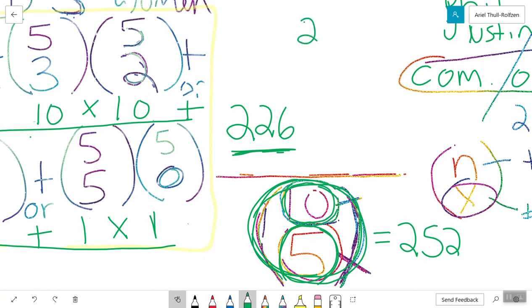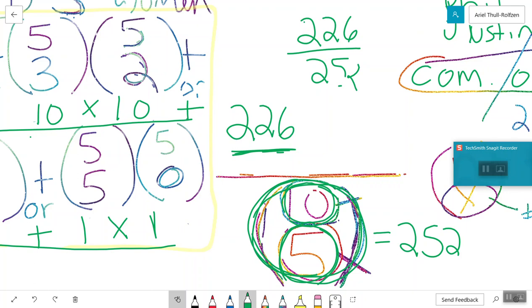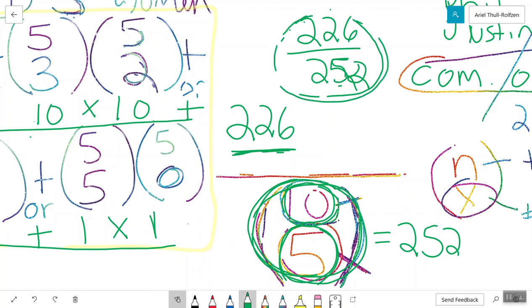So this turns out to be 226 divided by 252. So we got 226 out of 252. And if I turn this into a decimal, I'm not going to, but if I turn this into a decimal, that will be the probability of choosing a committee of 5 with at least 2 females.